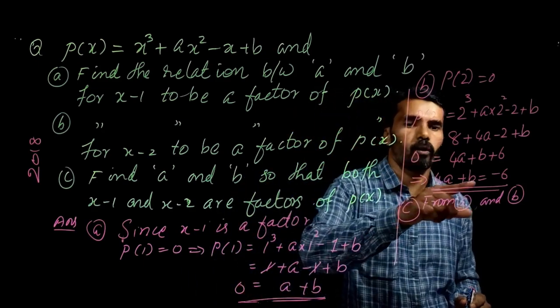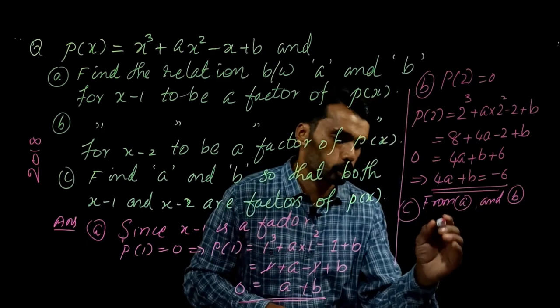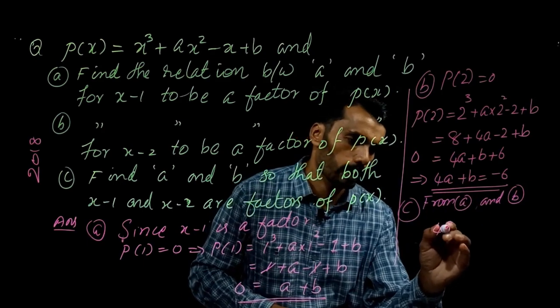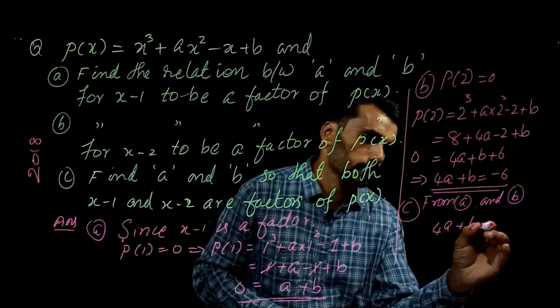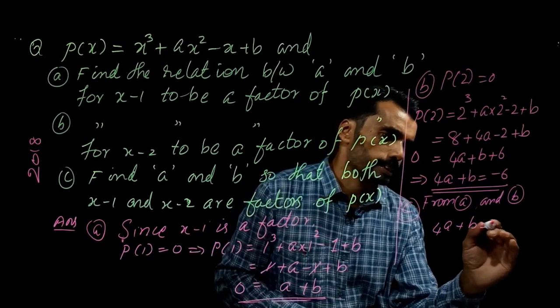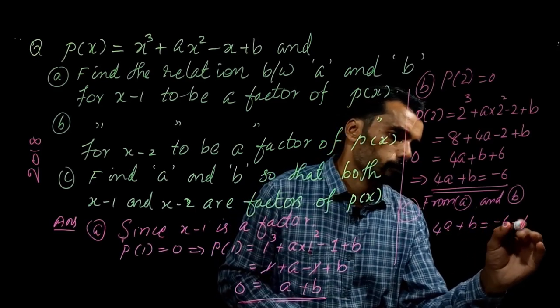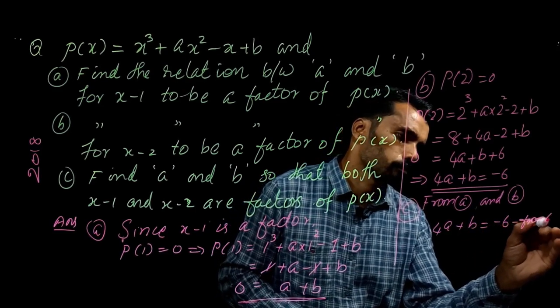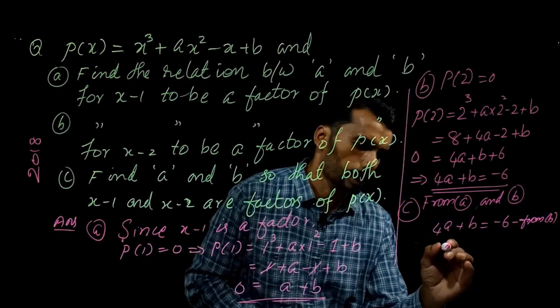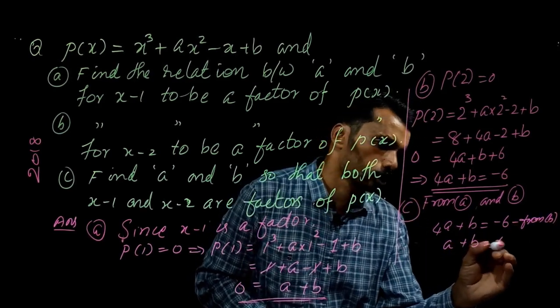From the second we have 4a plus b is equal to minus 6. And a plus b is equal to 0.